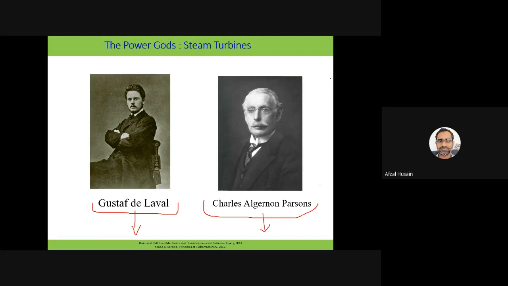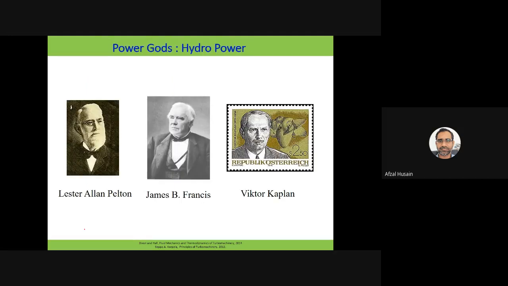This one is also related to the steam turbine. And these three scientists are related to hydropower, hydraulic power generation, like the power generation through the big dams, and then you connect very high power hydraulic turbines to develop power.